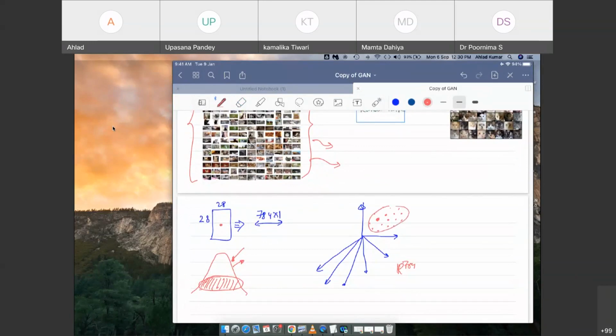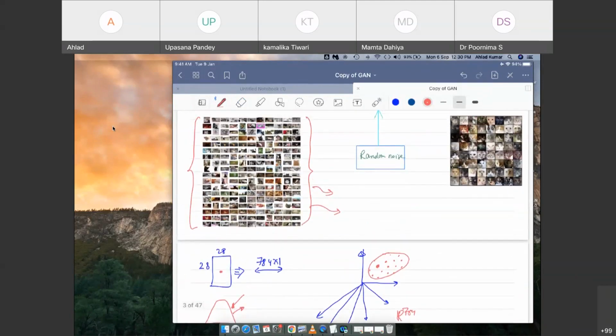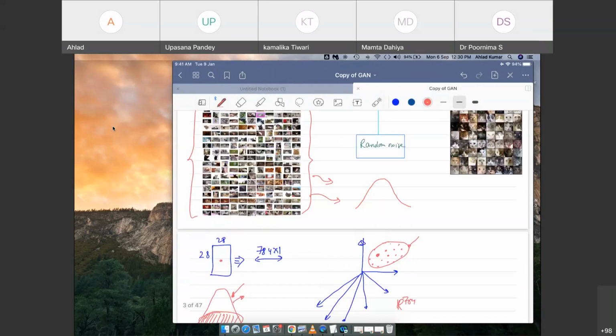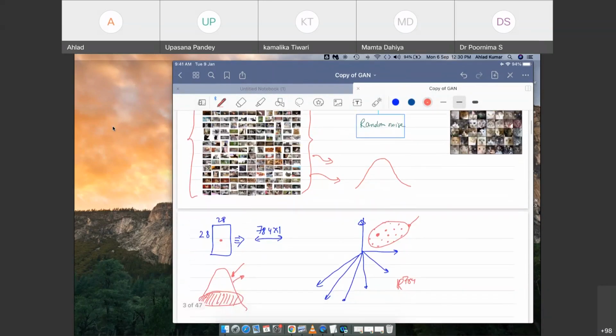I'm simplifying by supposing the training data set is Gaussian distributed, but that is not strictly right, because it can be a multimodal distribution. We do not know what distribution these cat images in the training data set lie on. So for simplicity, I'm assuming a Gaussian, which gives an ellipse like this in the higher dimensional space.